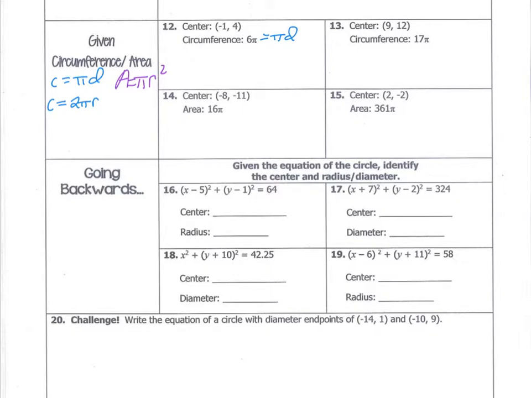So that means that your diameter is 6. What's your radius? 3. Now you can write the equation of your circle. So you've got x, change your signs, plus 1 squared, plus y, change your signs, minus 4 squared, equals, what's 3 squared? 9.